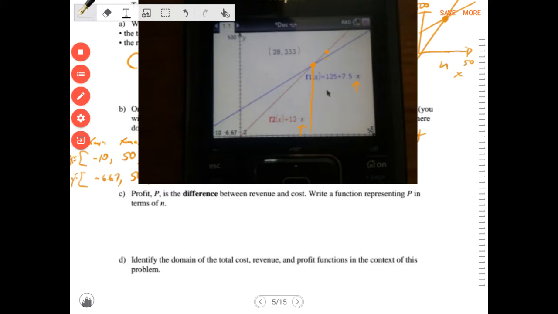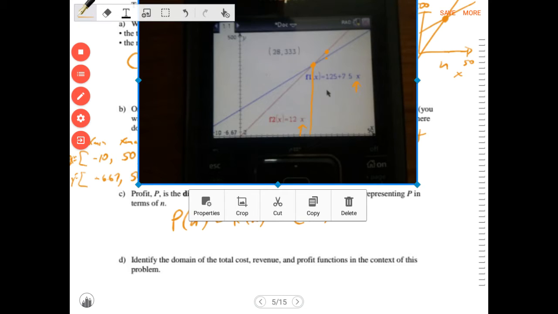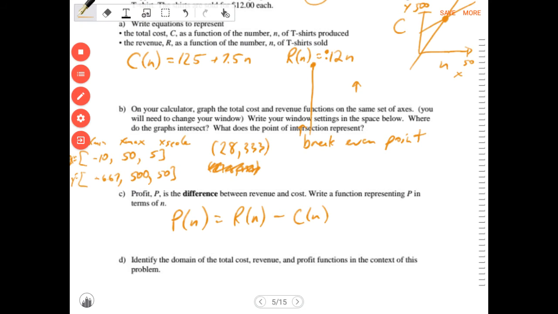Okay, and then the last couple here. The profit is the difference between the revenue and the cost. So write a function P in terms of n, so P of n. We kind of already talked about that. The profit is the amount you take in, so that's your revenue, minus your costs. And that makes sense, because it's the amount you bring in minus how much you had to pay. Okay, so I'm going to get rid of that graph for us.